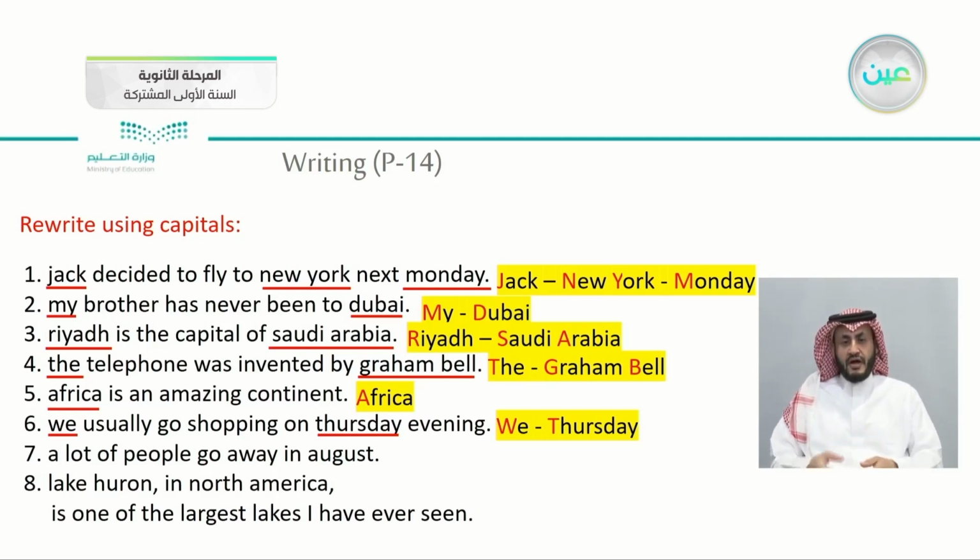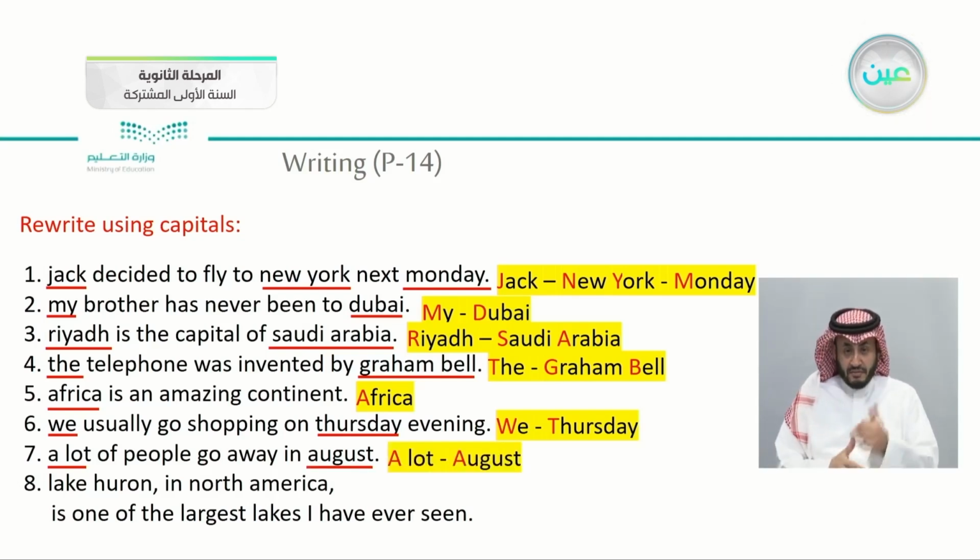A lot of people go away in August. Which ones? The A in a lot, and August. So capital A at the beginning of the sentence. August, a name of the month. Lake Huron in North America is one of the largest lakes I have ever seen.